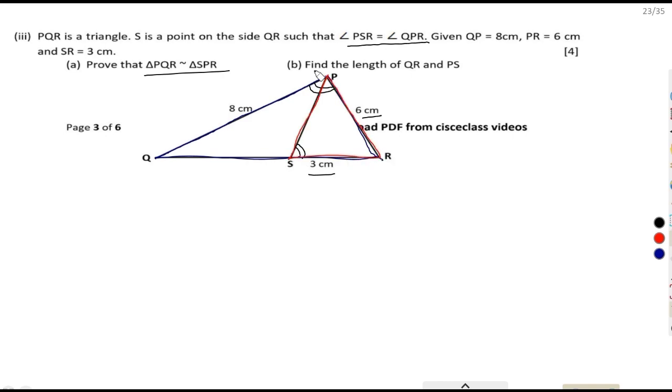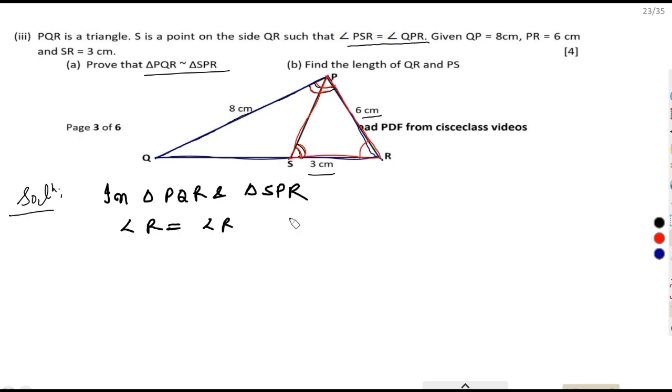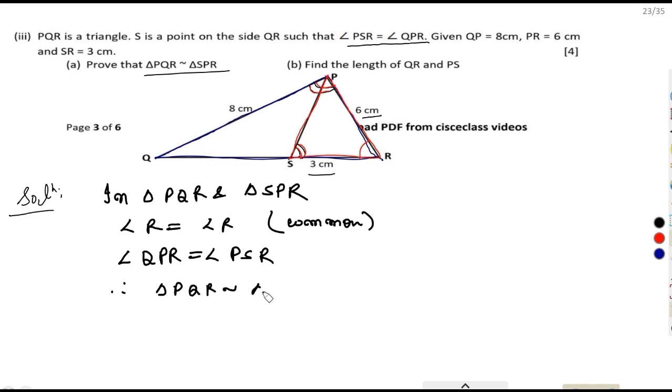In these 2 triangles, look at the figure, R is common angle and this angle is equal to this, and if 2 angles are equal, it means the given triangles are similar triangles. And if these are similar triangles, then their sides will be in proportion.